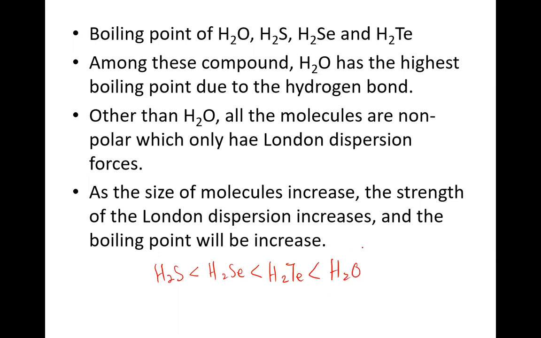The water molecule has the highest boiling point because the intermolecular force in water is hydrogen bonding, which is the strongest intermolecular force. Among the other three molecules, which only have London dispersion forces, the boiling point is increasing because the size of these molecules is increasing. So that's why the boiling point increases.